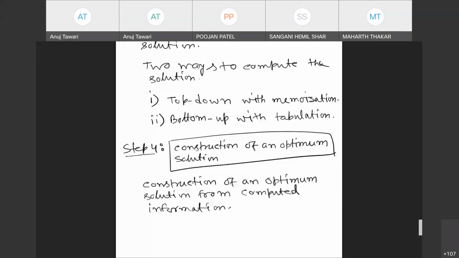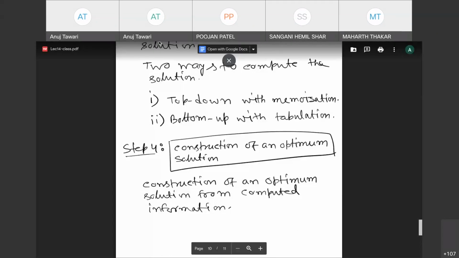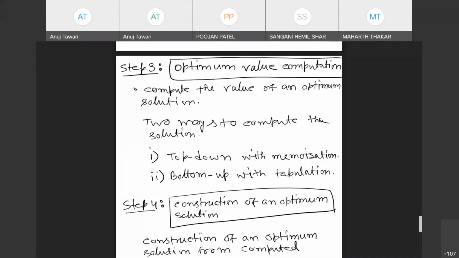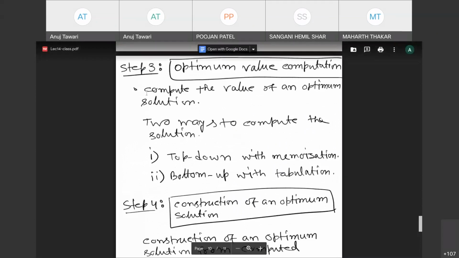And we want to construct an optimum solution from the computed information. So this was a brief introduction to what dynamic programming is.